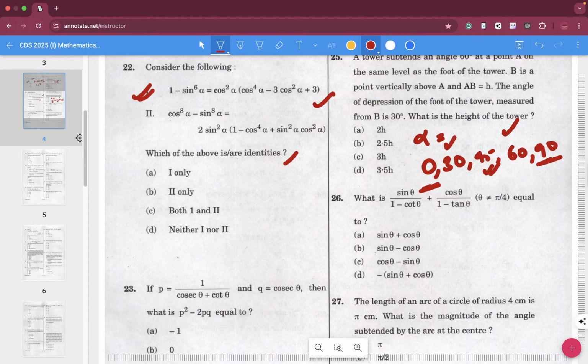So let's say I am proving the first one, I took alpha is equal to 30.